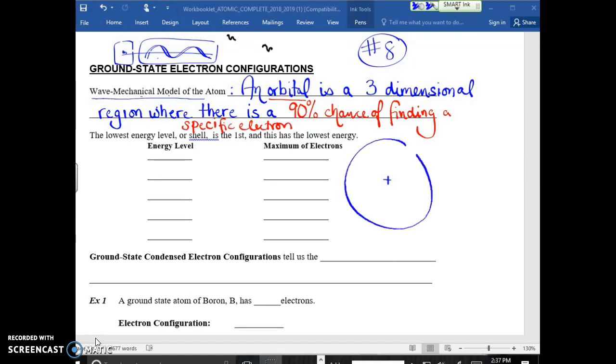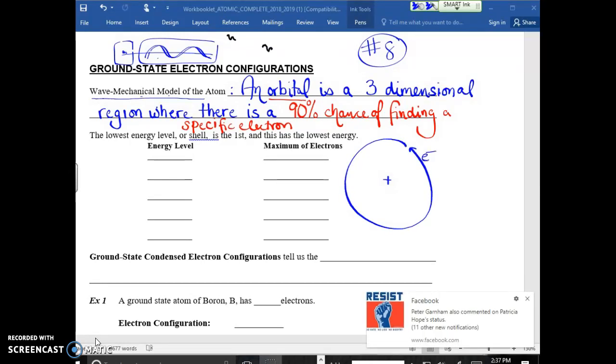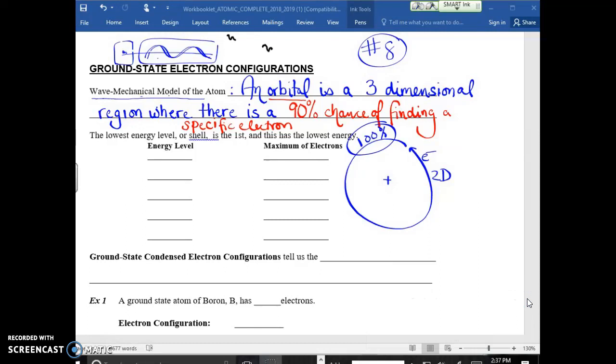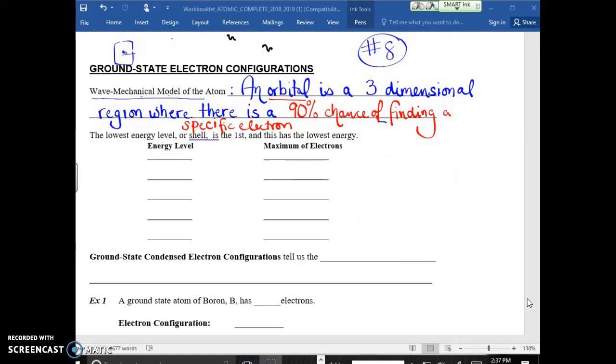Electrons are not traveling in a two-dimensional orbit, because in a two-dimensional orbit, you know where the electron is 100% of the time. We can't possibly say this in terms of actual electrons because of this wave nature, which makes it impossible to say exactly where the electron is.